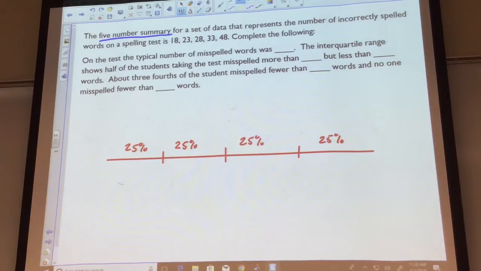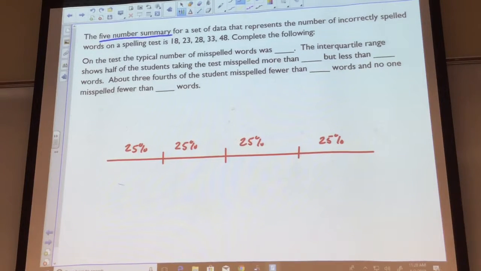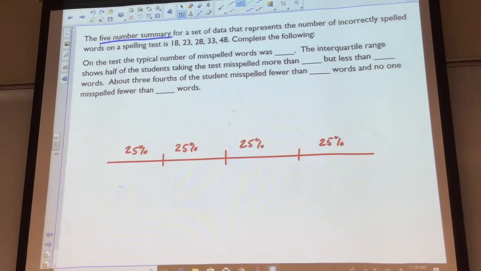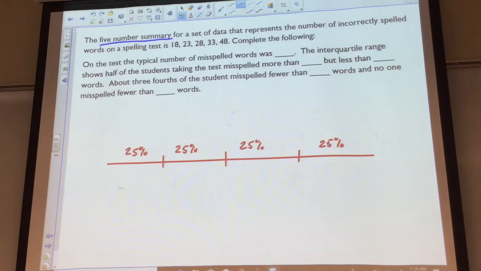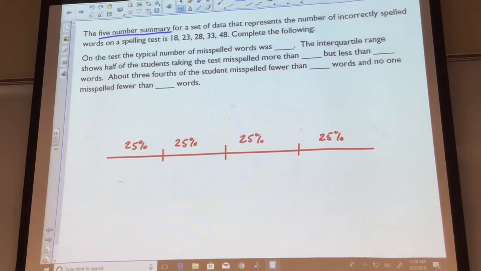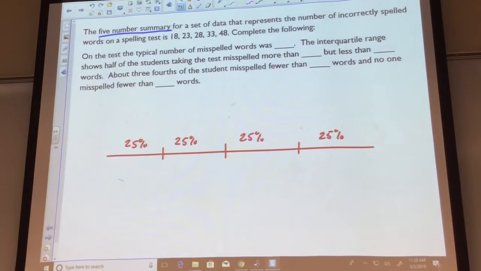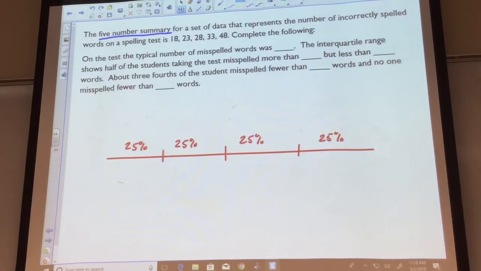Therefore, every question on a 5-number summary has to be something that involves a 25, a 50, a 75, or 100%, or a 0% for that matter. So don't confuse this with the 68, 95, 99.7 rule.